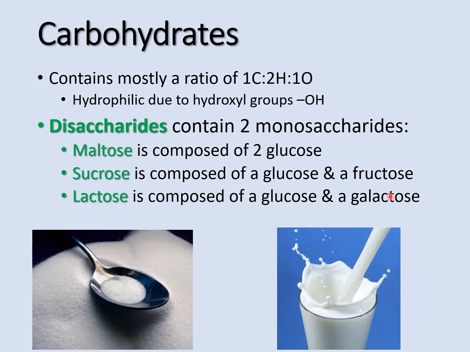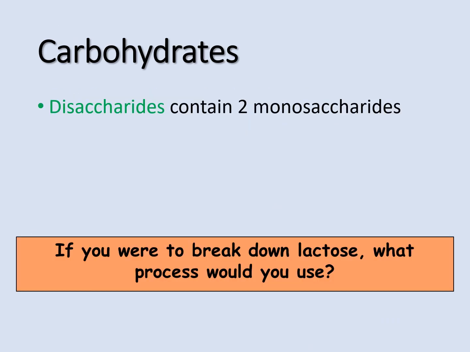And it's also what people are intolerant to when they say that they are lactose intolerant, right? Meaning they lack the enzyme to break down lactose into glucose and galactose. And we'll talk a little bit more about that, okay? And I have a fun video on why people are actually intolerant to lactose, okay?